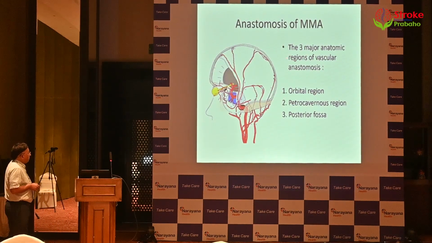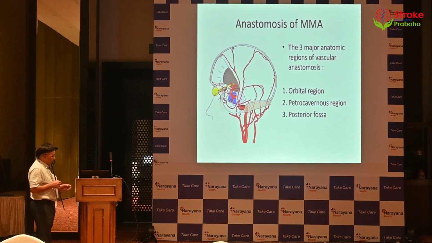There are a lot of anastomotic channels, but these three are very important. So there are three major regions of vascular anastomosis. One is the orbital region, another is the petrocavernous region, and third is the posterior fossa. So we have to take care of all these anastomoses when we are planning for embolization.